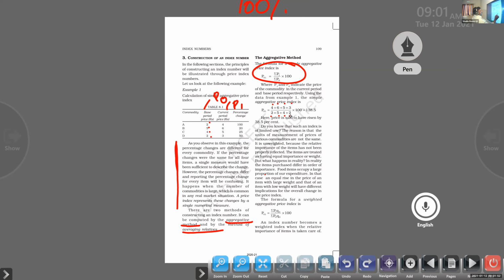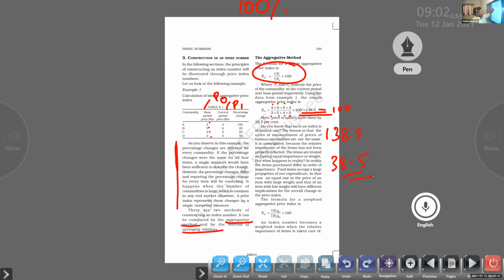You get 138.5, minus 100, so the change is 38.5. The price is said to have risen by 38.5 percent.